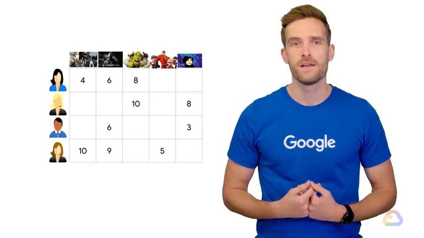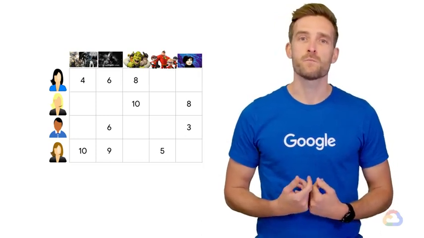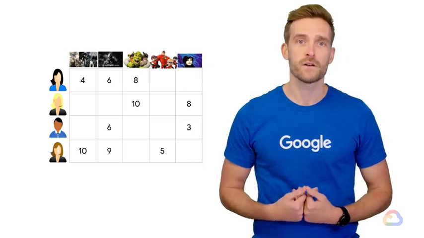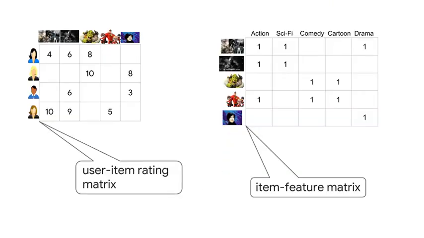Let's walk through the process we previously implemented to see how this would look in theory and how you would implement this in TensorFlow. Here is our user item rating matrix from earlier, next to our item feature matrix. Remember, the item feature matrix gives a k-hot encoding of the features we are using to describe our movies.